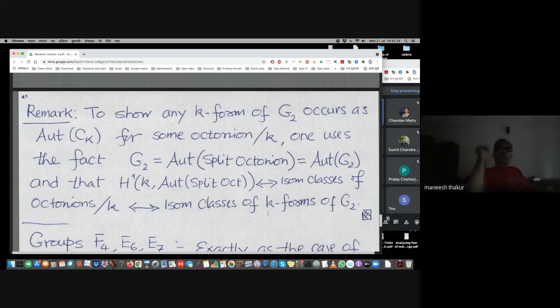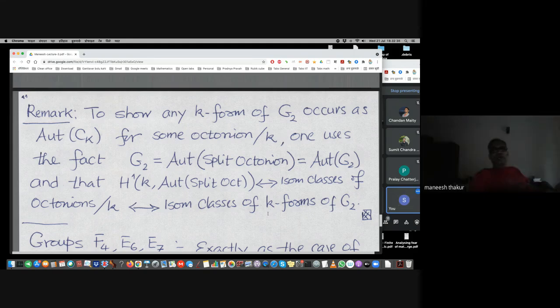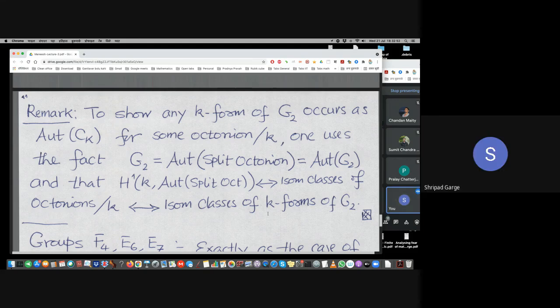And the fixed points will be an octonion algebra. So the same principle can be applied to many other split groups which are adjoint and satisfy this condition that automorphisms are equal to the group itself. So F4 also. Correct. F4, E8, all these you can apply. Okay. Are there any other comments?